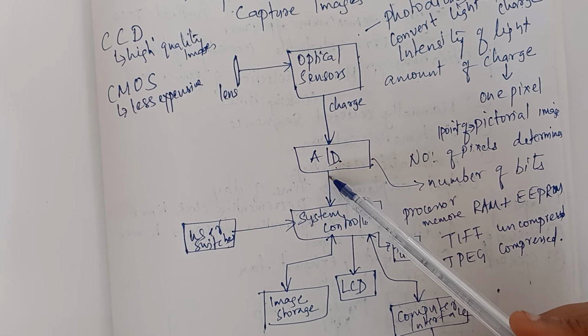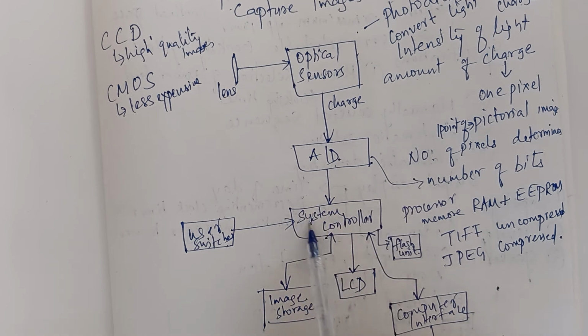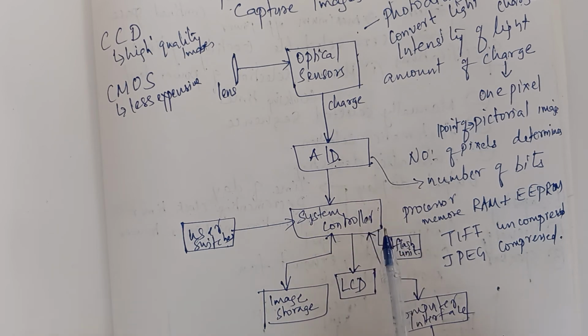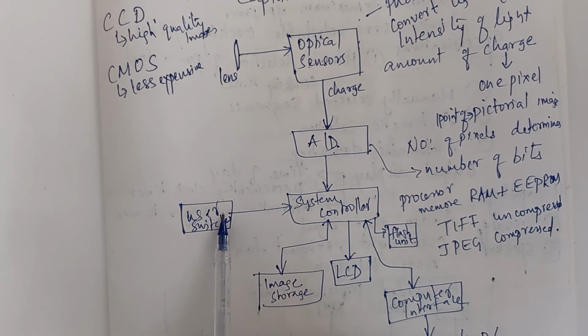After converting, it is connected to the system controller where the necessary processing operations are performed. This system controller has a processor with a ROM, EEPROM or E squared ROM, and also a RAM for runtime data memory. And it has many user switches.